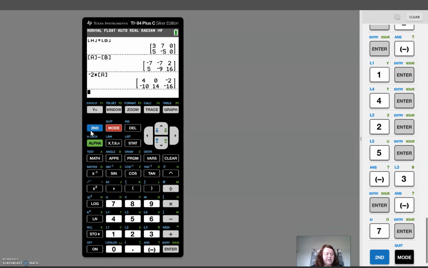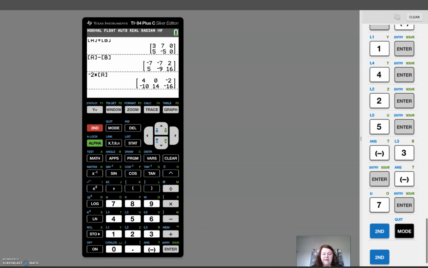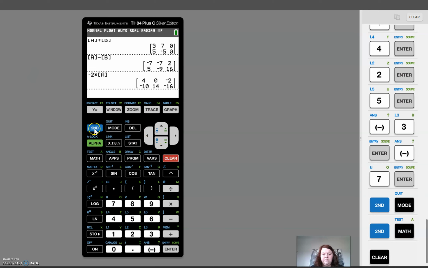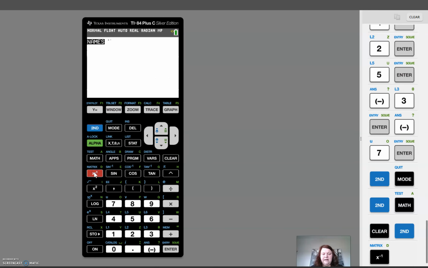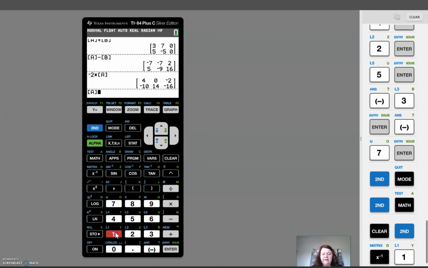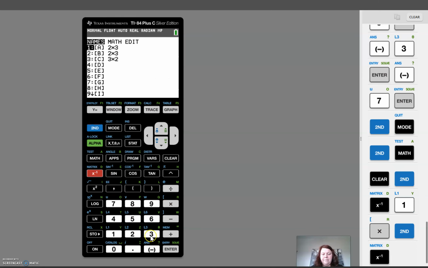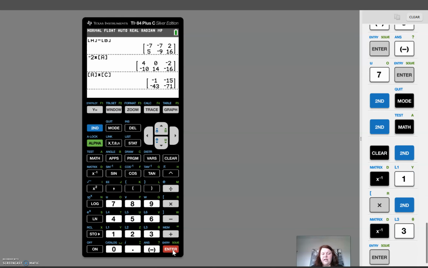And if I want to do A times C, like we have here, oops, hit the wrong button. Second, X to the negative first, I'm going to choose A times C. And so we get this: -1, -15, -43, -71.